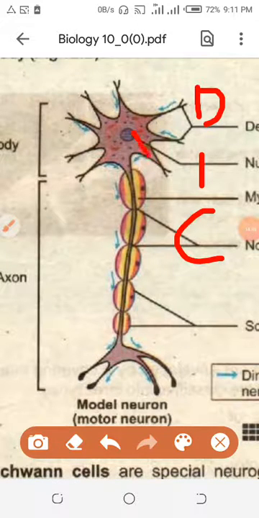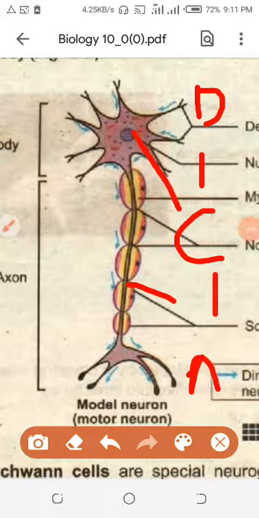Where is the cell body? This is the cell body. And then the axon. This is the direction of the nerve impulse, from the dendrite to the cell body, from the cell body to the axon.